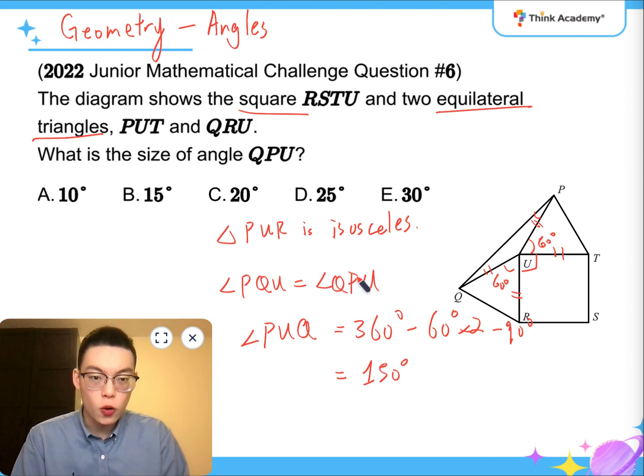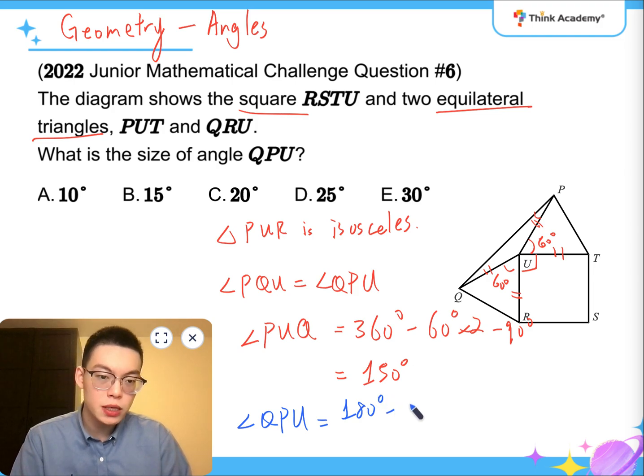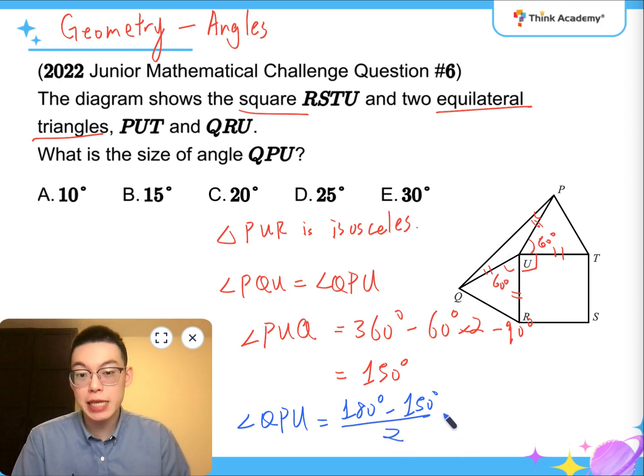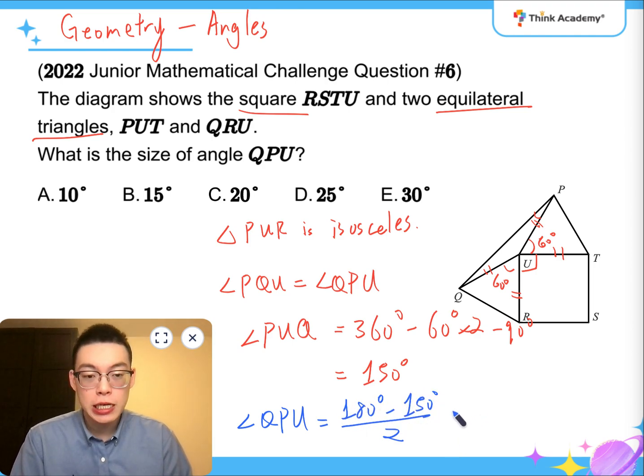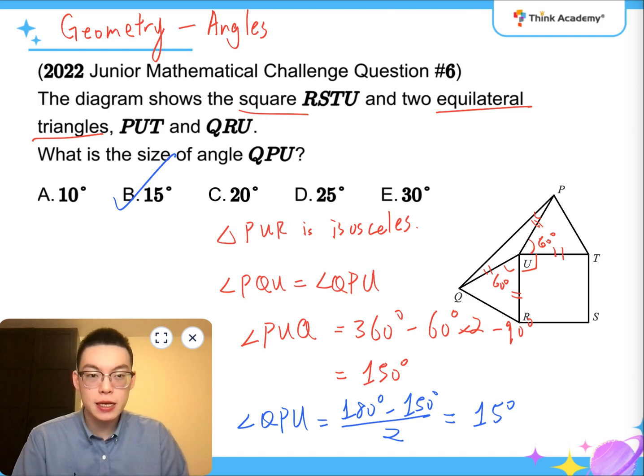All right, so it means that the 2 base angles, each of them are going to be equal to 180 degrees, which is the sum of interior angles of a triangle, take away 150 degrees, which is the top angle, divided by 2, because the 2 base angles are the same. And they are splitting the remaining of the interior angles evenly. So I have 30 divided by 2, which is 15 degrees. So B is going to be the answer for question number 6. All right, does that make sense to you?